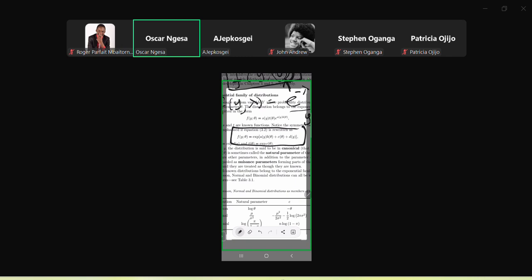So if we can rewrite any PDF so that there's an exp outside, then inside the bracket we have a times b, plus c, plus d, where a is a function of y, b is a function of theta, c is a function of theta only, and d is a function of y only. If we can write any distribution in this structure, then we say that distribution belongs to the exponential family.